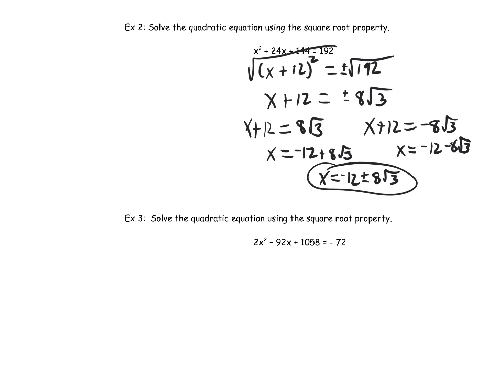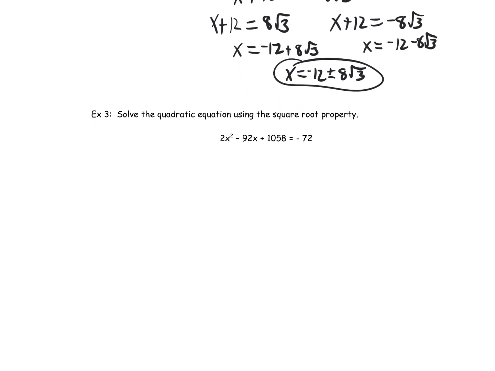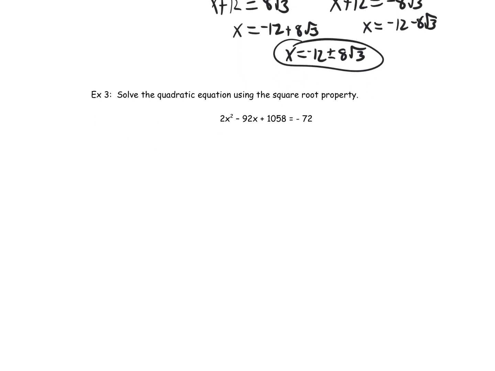Okay. So solve the quadratic equation using the square root property. Well, unfortunately, I do not have a perfect square trinomial here. 2 is not a perfect square, neither is 1058.